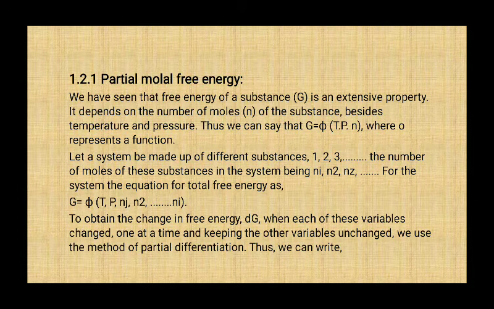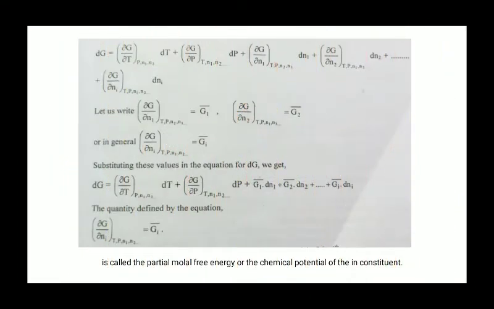Thus, we can write dG is equal to (delta G upon delta T) at constant P, N1, N2 dT plus (delta G upon delta P) at constant T, N1, N2 dP plus (delta G upon delta N1) at constant T, P, N2 dN1, plus (delta G upon delta N2) at constant T, P, N1 dN2, plus (delta G upon delta Ni) at constant T, P, N1, N2 dNi.